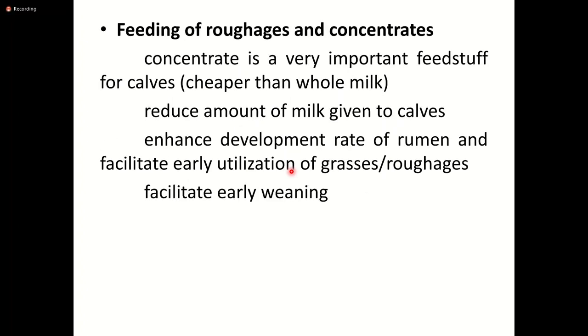So we have to consider those factors very carefully, whether we are going with natural feeding or artificial feeding, right? Then, as we discussed, we have to introduce roughages or concentrates as soon as possible. Because if we can wean them very early, we can save some volume of milk, and we can sell that volume to consumers and get some money.